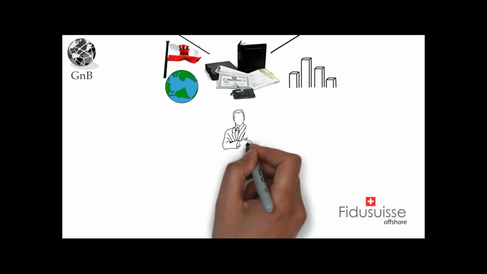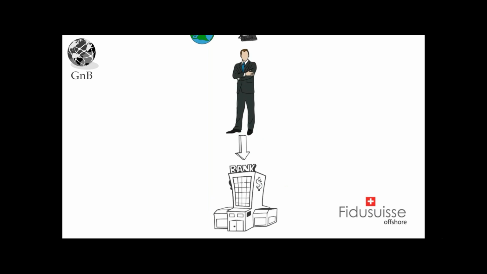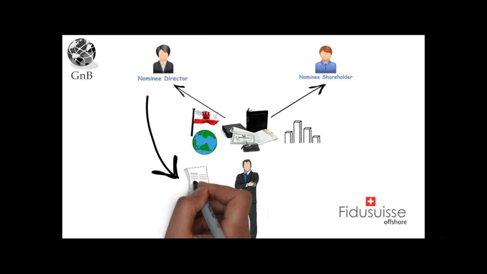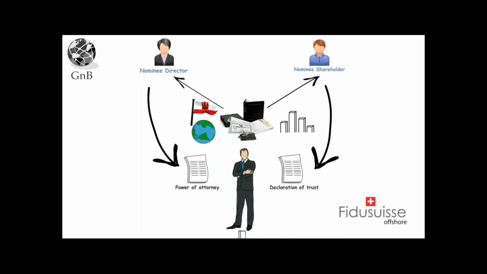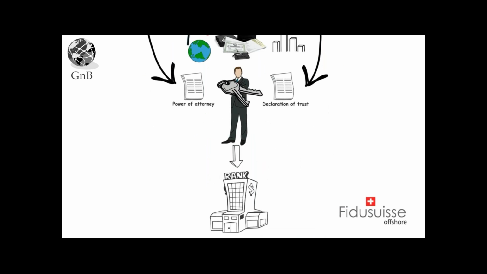Now, once the company is incorporated, comes the time to open up a bank account. In order to consider the company fully and only yours, while you are opening the bank account, the nominee director will draft and sign a power of attorney and a declaration of trust, saying that you have full power to manage the company and that you are the owner of all of the shares.